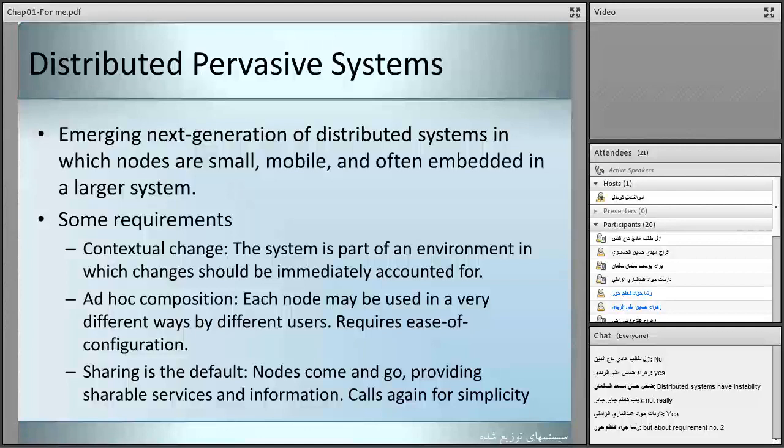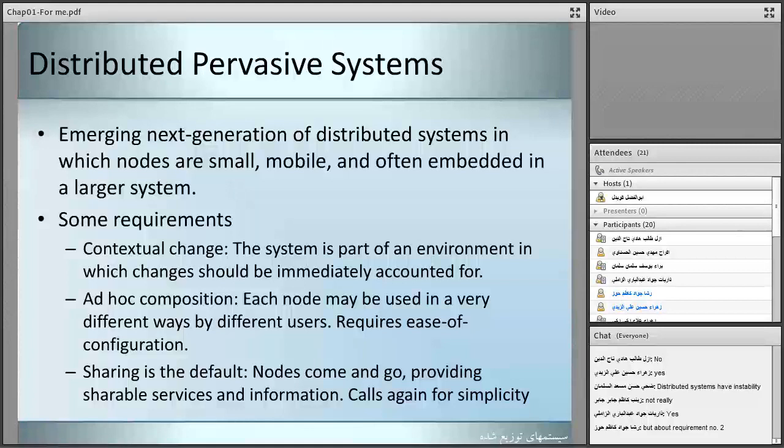For example, in last years, our televisions were only television, nothing more. But now, in modern televisions, we have some facilities to connect to the internet.